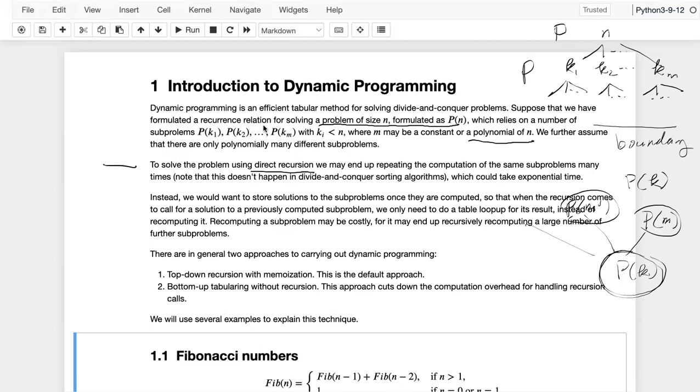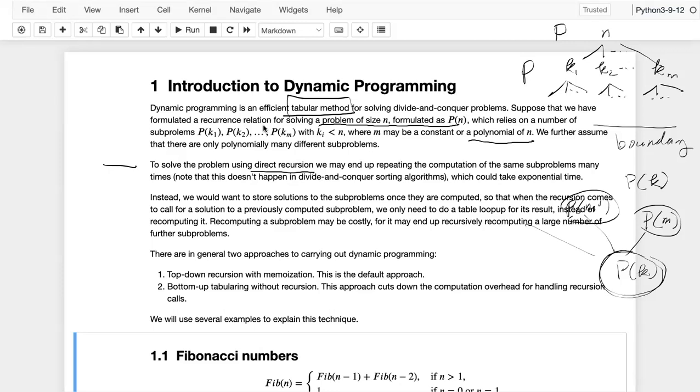So using the tabular method means that we're only computing this subproblem once, and then we record the value there. So when next time you want to get the result of computing this subproblem, you don't need to repeat the computation. Instead, you will just need to do a table lookup. Okay, so that is the idea of dynamic programming.